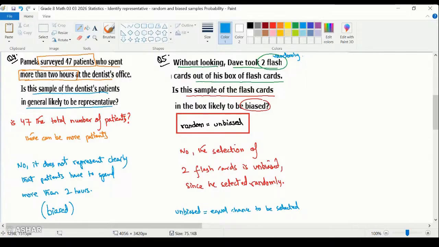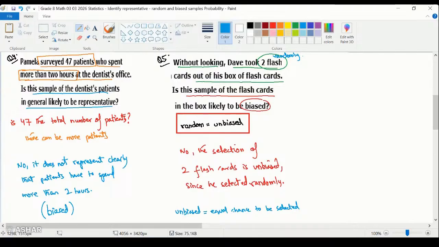Or a deck of cards has 52 cards in it. If I open up the deck in front of you and you pick any two cards, Jordan, it can be any two cards. But if I open those 52 cards to Prayan, he can pick any two other cards. So it is a random selection. Random means it's not biased.